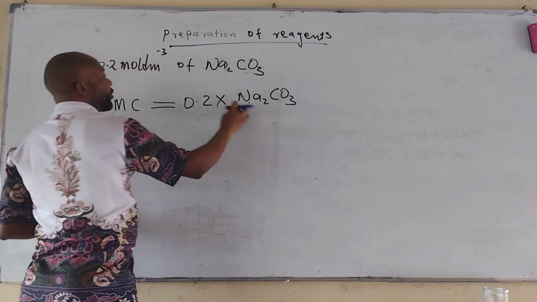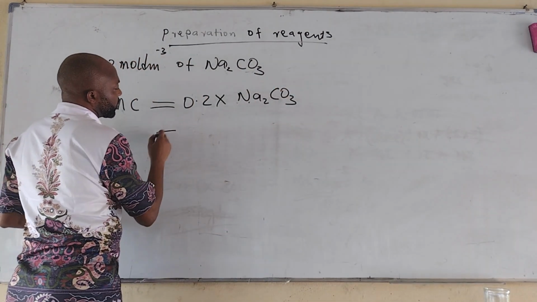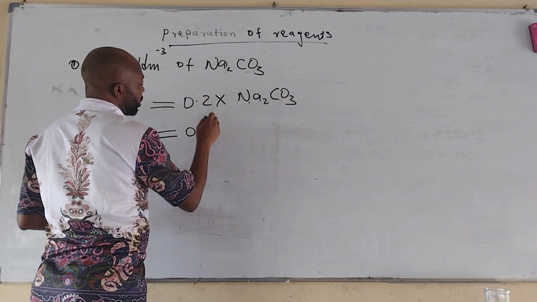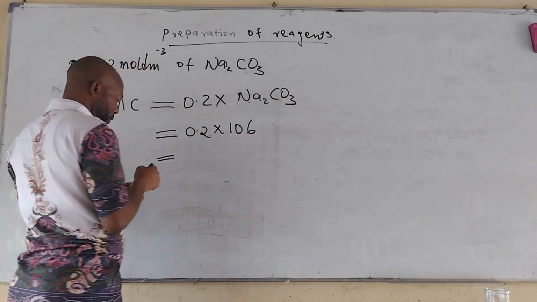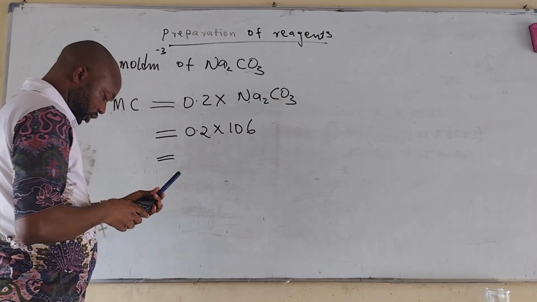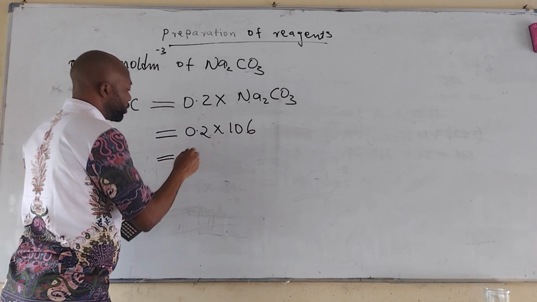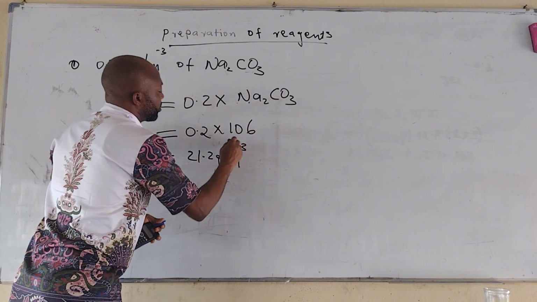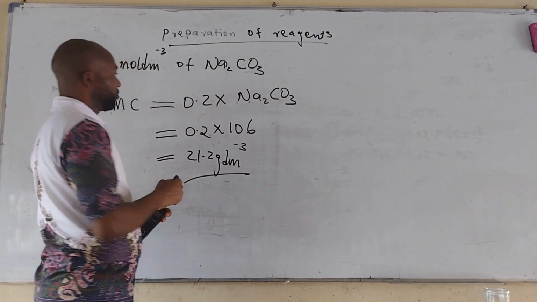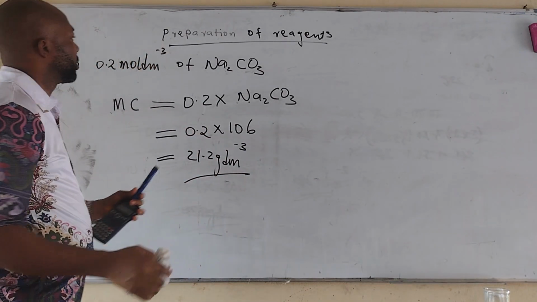Remember, we've done this before, and the relative molecular mass here is 106. So I wouldn't want to waste much time there. So 0.2 times 106 is equal to 21.2. 21.2 g/dm³. So that is it. Let's take another question.